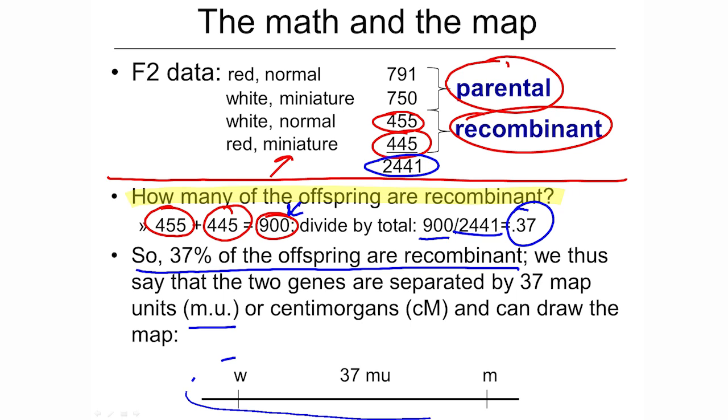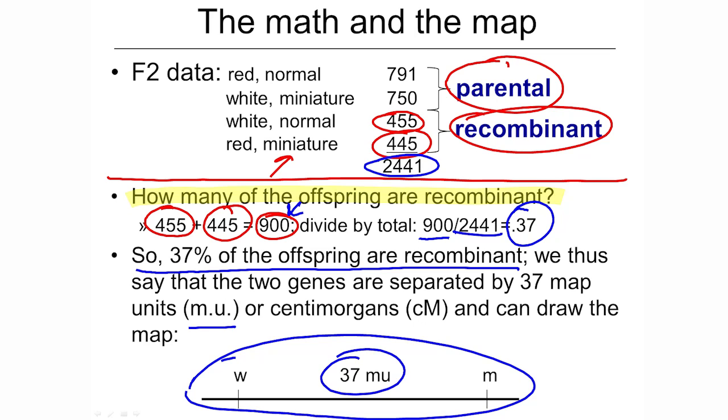Now this may not seem like a fancy map, it's just a line, but that line represents the chromosome. And what it's saying is that the W and the M loci are 37 map units apart, if you want to think of it that way. Another term, depending on your book or your professor, that you probably should know is the term centimorgans, which should never be confused with centimeters.